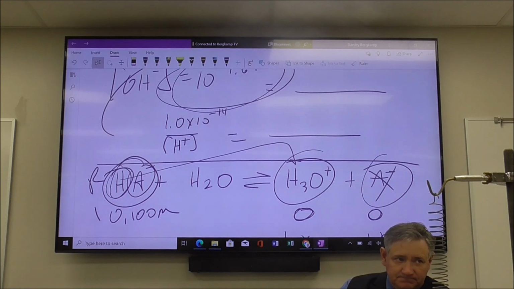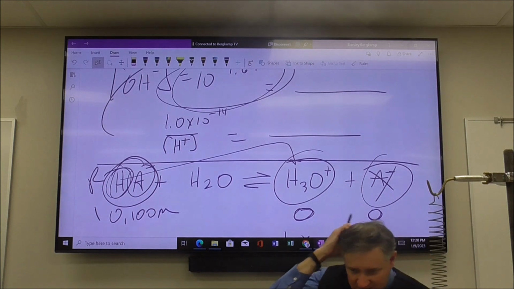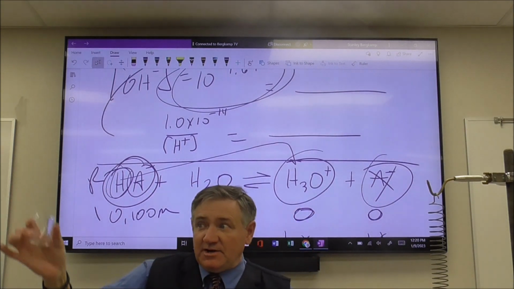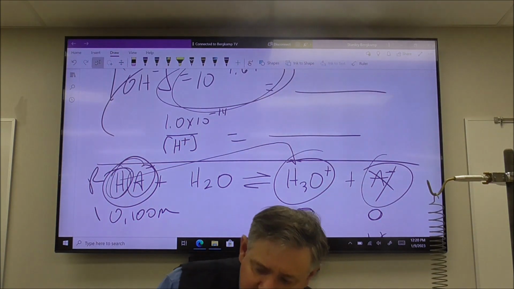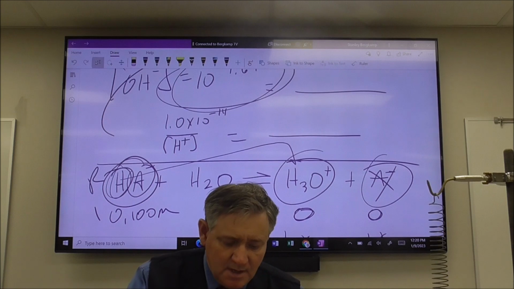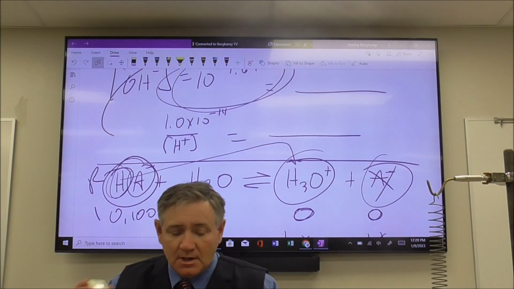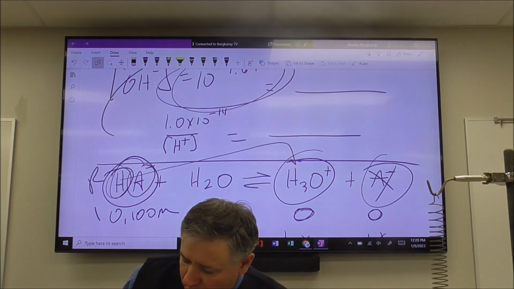Got that idea? Now, here's the contrast. I have a 0.1 molar solution of hydrochloric acid. The pH of the weak acid was like 4.3, with the same molarity, 0.1 molar. But if I measure this pH, that pH drops like a rock.